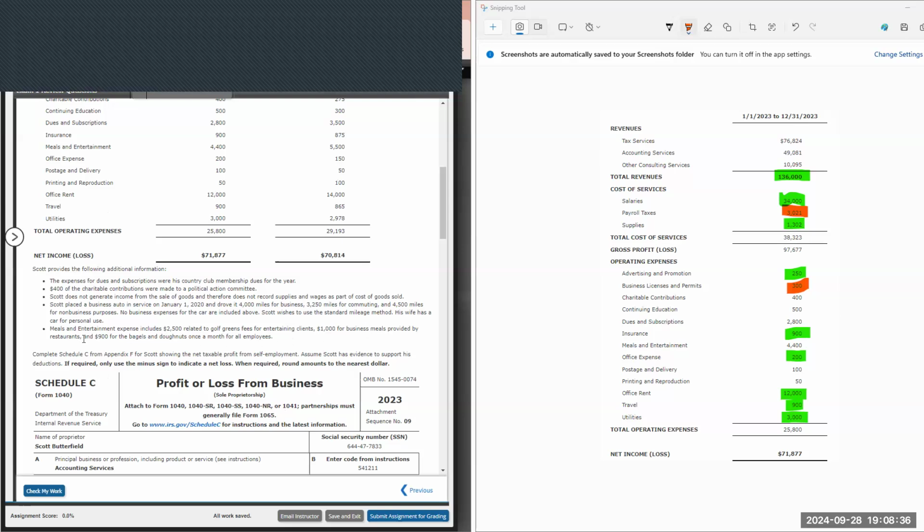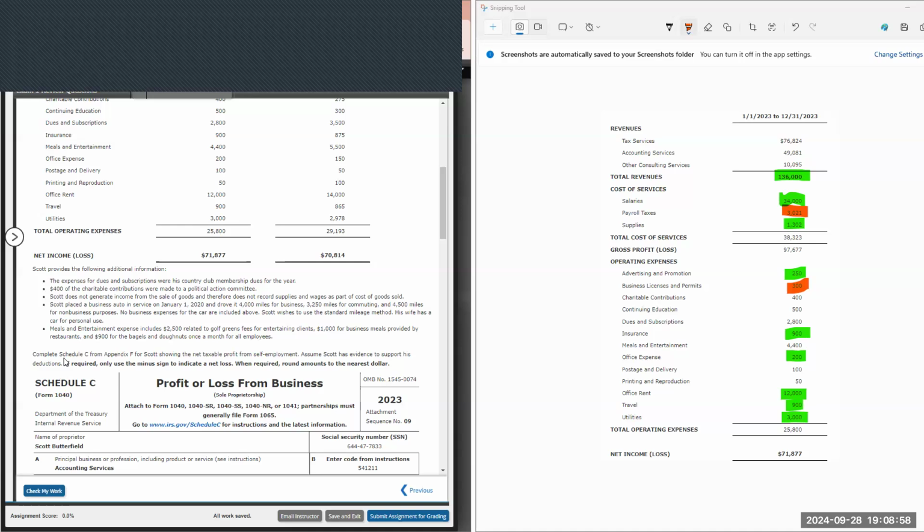Here it says meals and entertainment expense includes $2,500 related to golf greens fees for entertaining clients, $1,000 for business meals provided by restaurants, and $900 for bagels and donuts once a month for all employees, right?